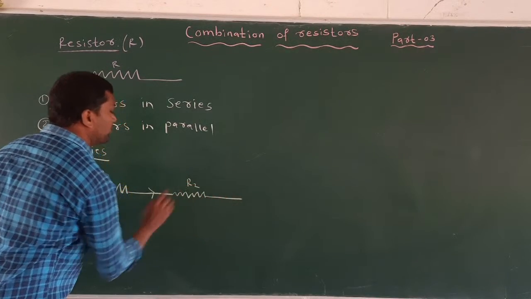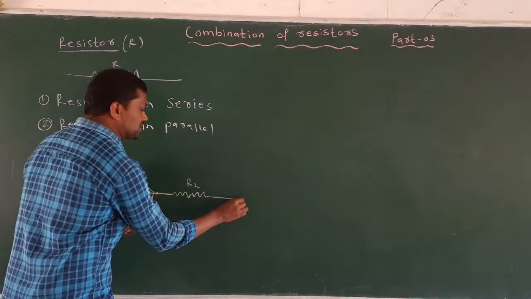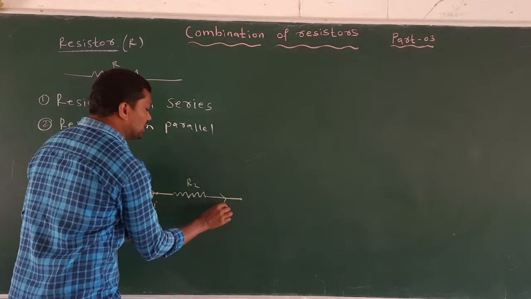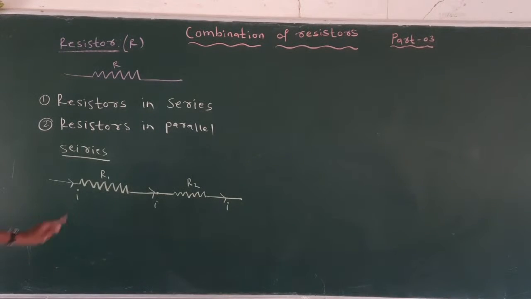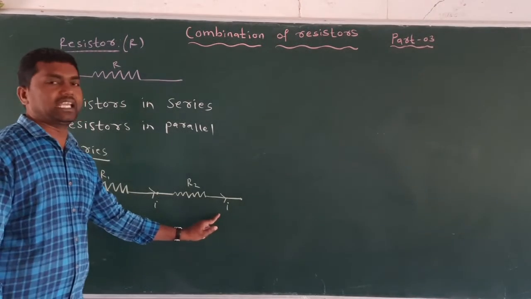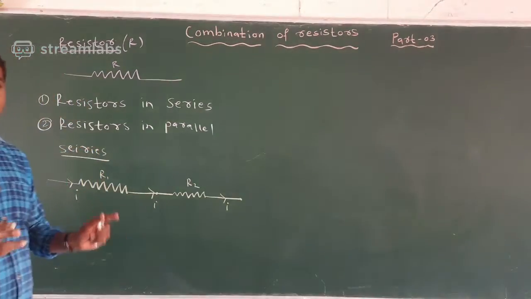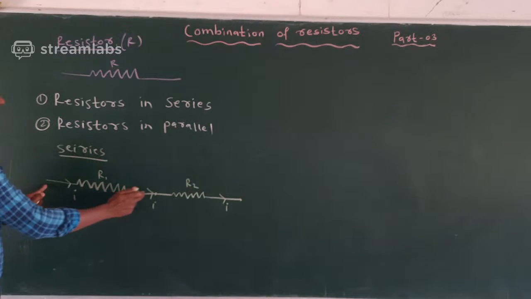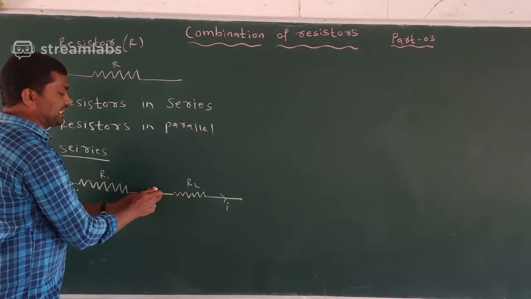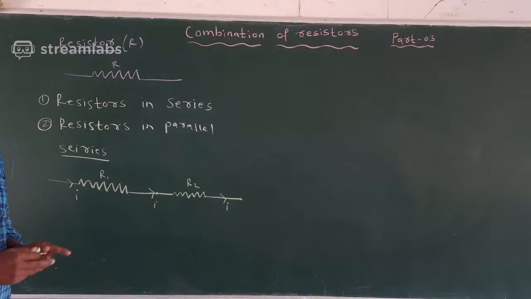The current passing through the R2 resistor is also the same, I. When we connect two resistors end to end, the end of the first resistor is connected to the second resistor. This combination is called the series combination of resistors.